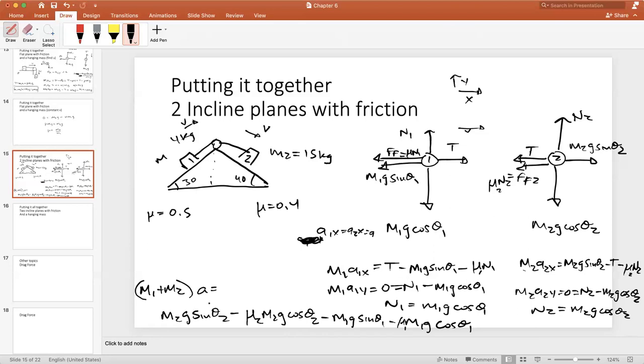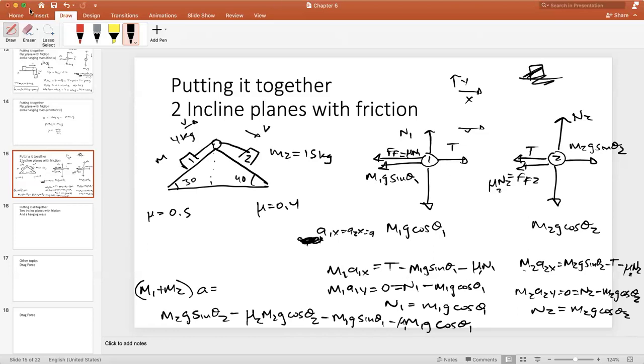You can't get a negative force from friction. The reason why you can't is that friction can't cause this thing to move in the direction of the friction. So if that ever happens, you've done something horribly wrong. You've got a problem.